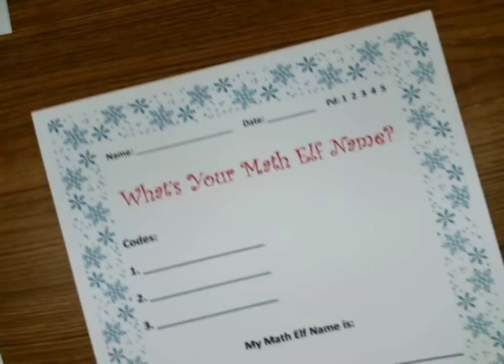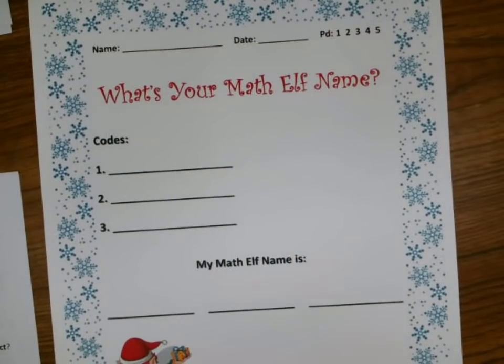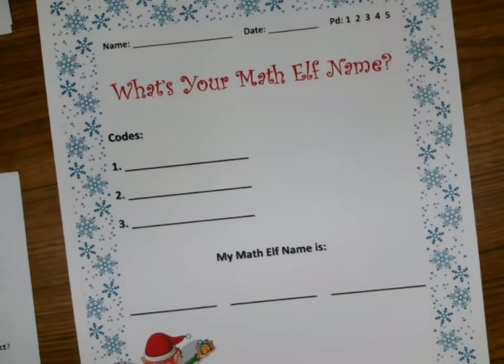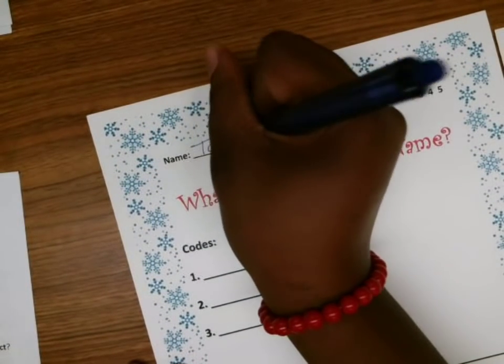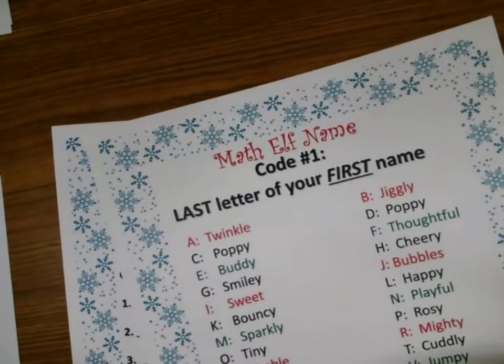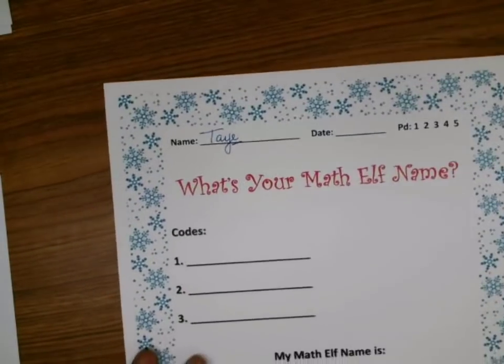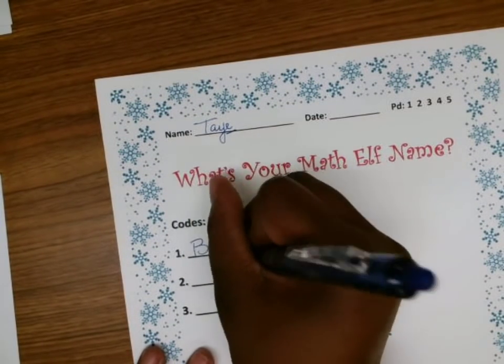Let's do my code. I'm going to go by Tay. So the last letter of my first name is E. So according to our codes, that means it's Buddy. So the first part of my name is Buddy.